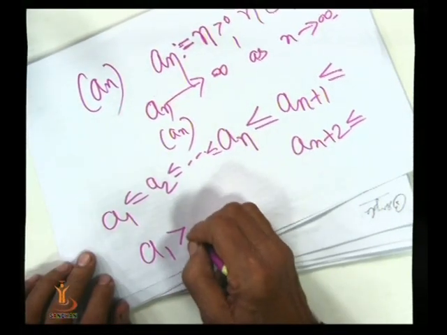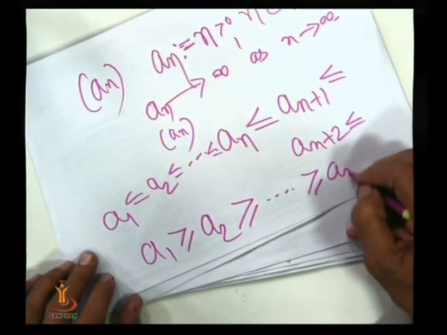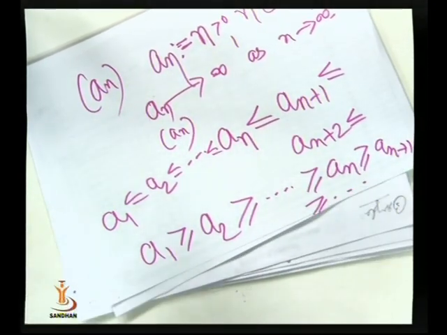And if it is the other way round, say a_1 is greater than or equal to a_2, greater than or equal to so on, a_n greater than or equal to a_{n+1}, and so on, then we say it is a monotonically decreasing sequence. Now if a sequence is monotonically increasing and is bounded from above, then it is convergent.